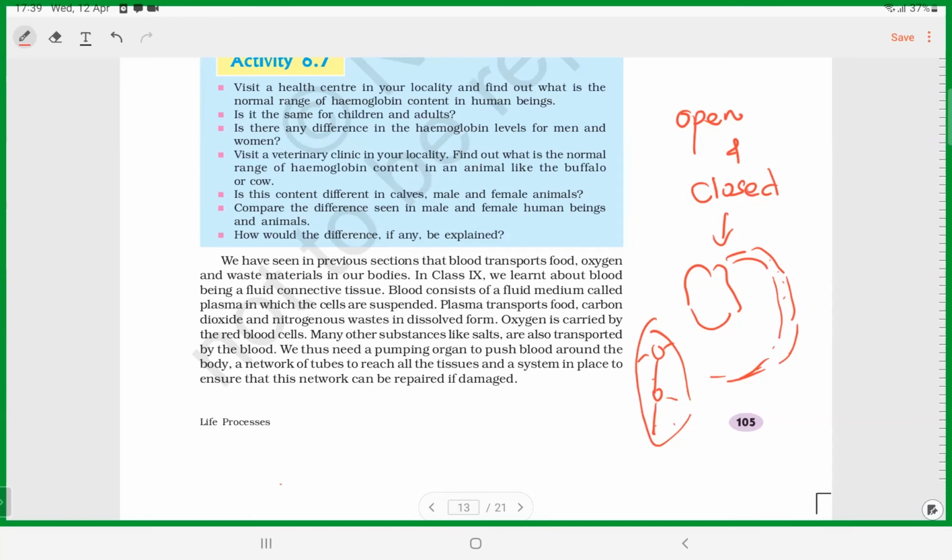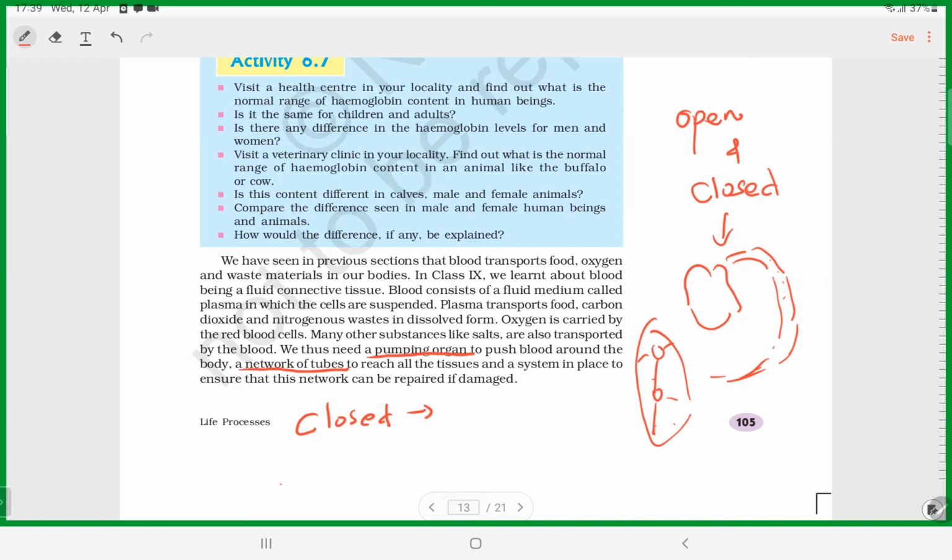Of course, when it comes to the closed circulatory system, what are the important components? Humans have a closed circulatory system. What are its components? A pumping organ, the heart, and then a network of tubes called vessels.